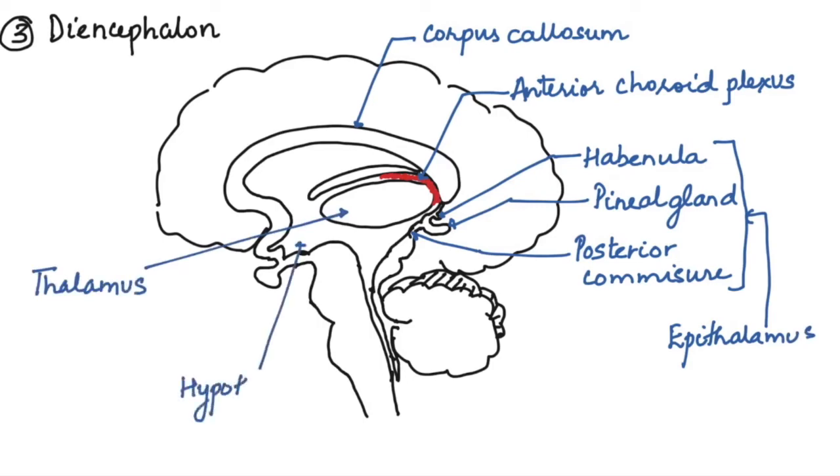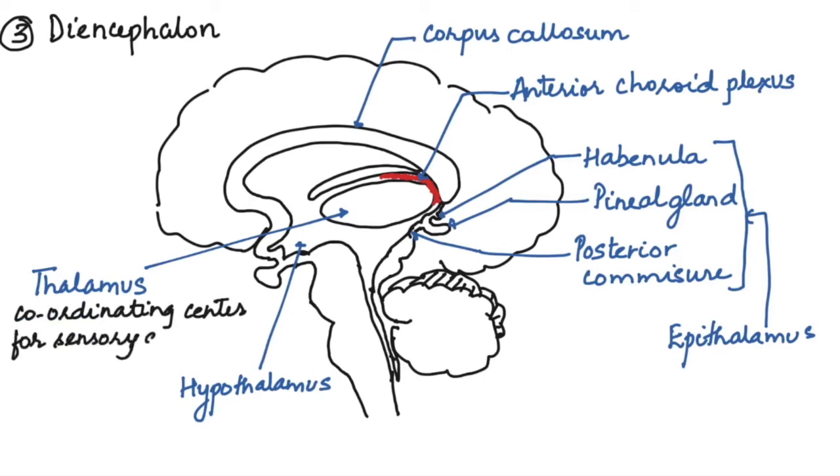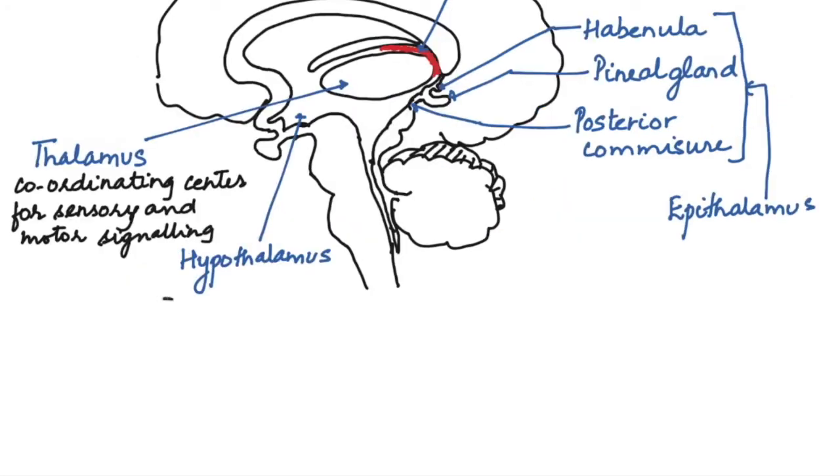The posterior commissure consists of a band of white fibers which is responsible for the bilateral pupillary reflex. The thalamus is a round structure on which the cerebrum wraps around. This is a coordinating center for sensory and motor signaling.